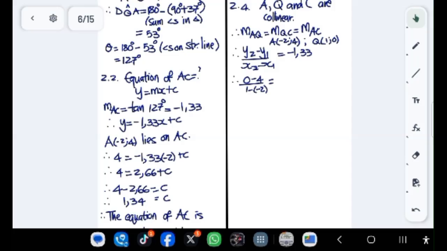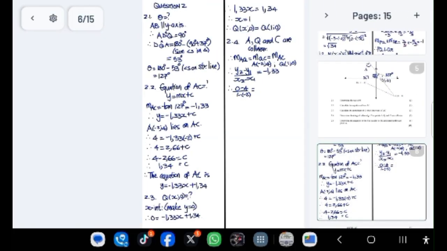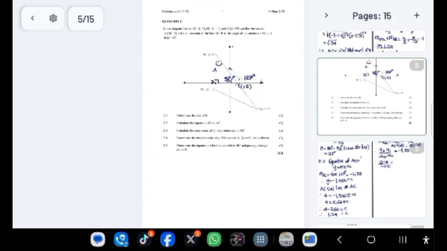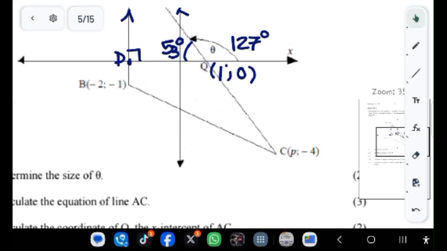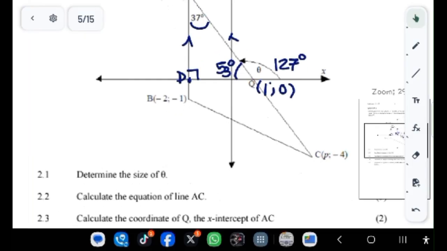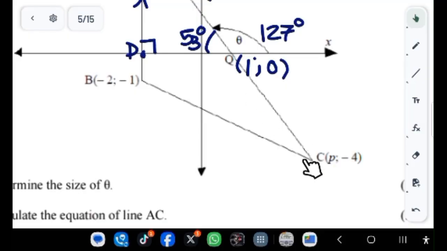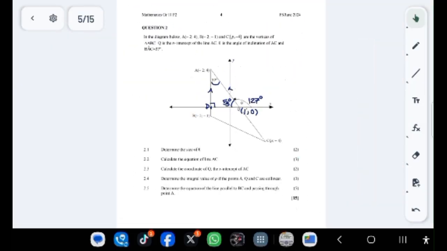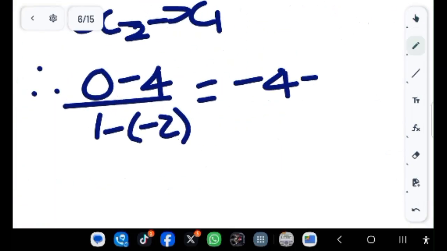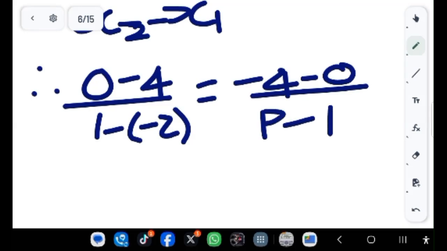What are the coordinates of C? The gradient of QC will be negative 4 minus 0 over P minus 1.